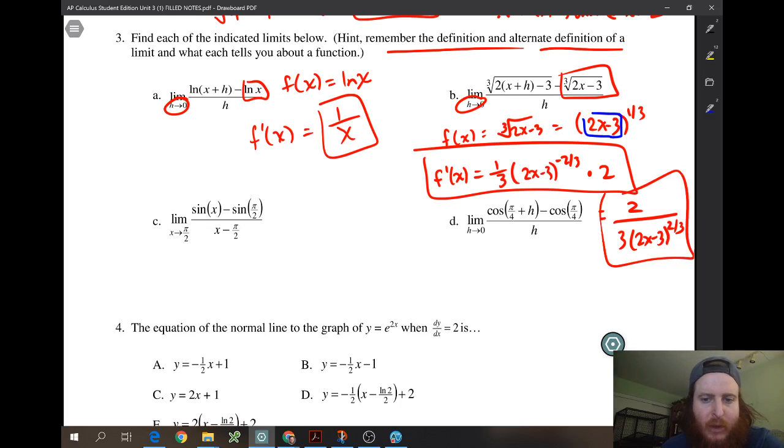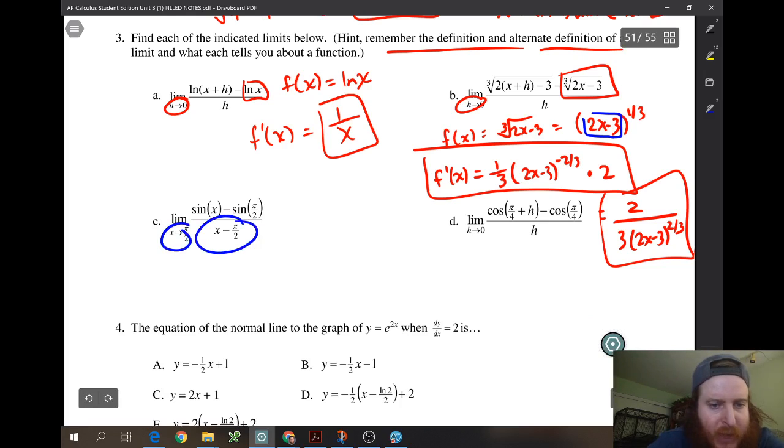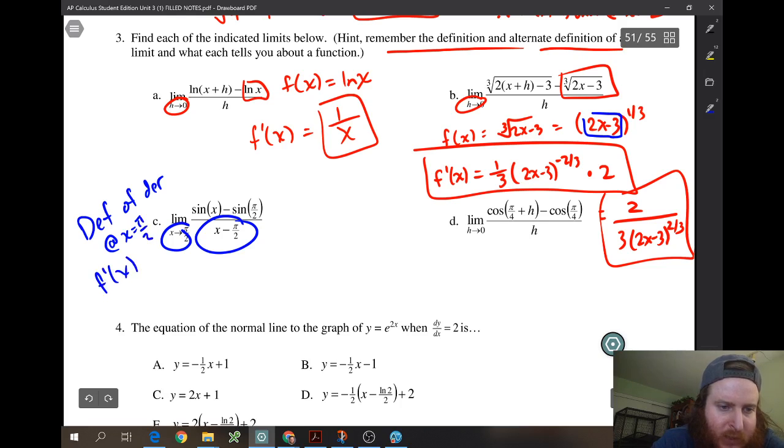Okay, now this next one's a little bit different because it's not h going to 0, it's x going to pi over 2. But when you see this x minus pi over 2 business, you need to remember, hey, wait, that's the definition of the derivative, but at x equals pi over 2. So basically what that means is they want you to first find f prime of x, but then plug in pi over 2.